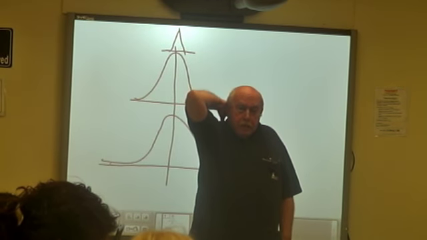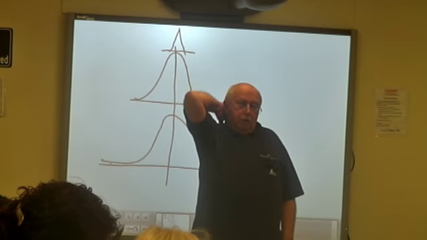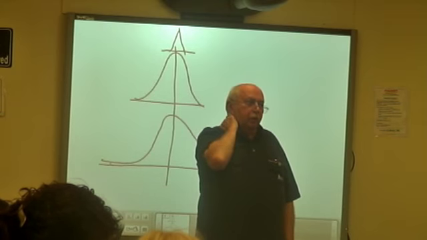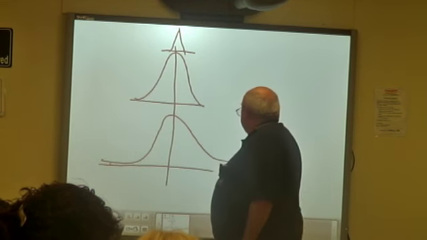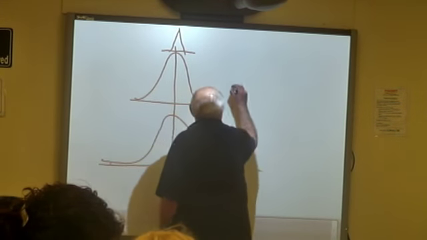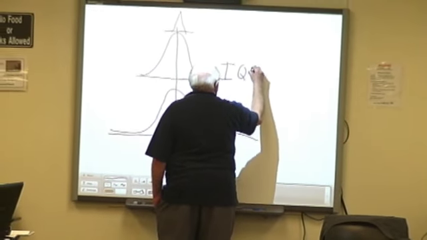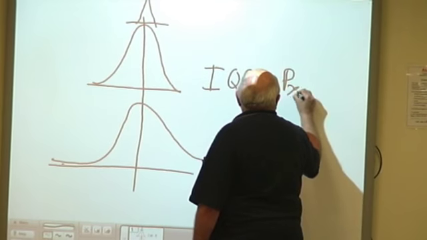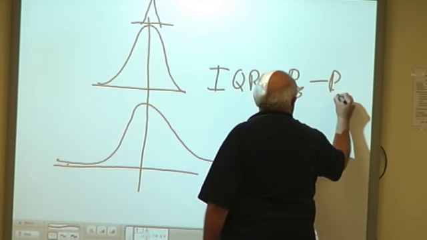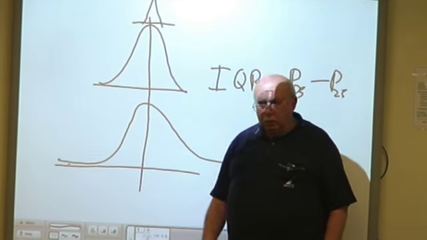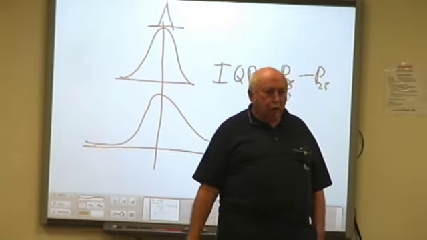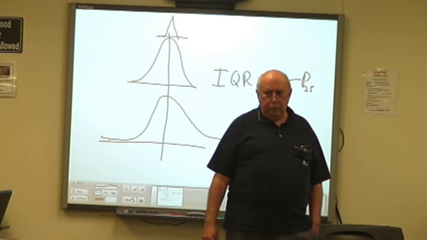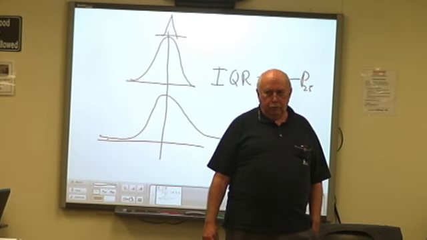When you find the median, the preferred measure of dispersion is the interquartile range. The interquartile range, abbreviated IQR, is equal to P75 minus P25. In other words, it's the range of the middle 50% of the scores. Okie dokie? You guys are awful quiet.